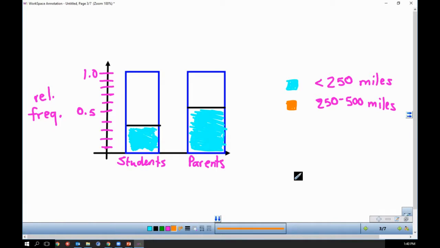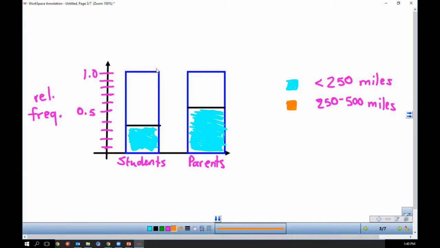Now, I need to figure out where to draw those lines. So what I want y'all to do is, since we're on the second category, we'll add the first and second together. So like for students, we would do 0.35 plus 0.31. What would that get you? 0.66.